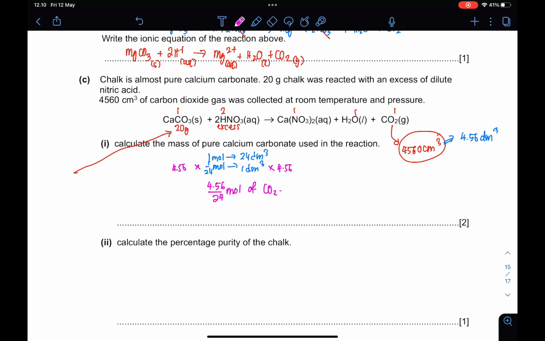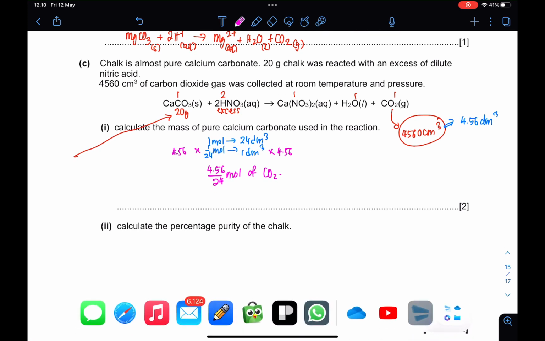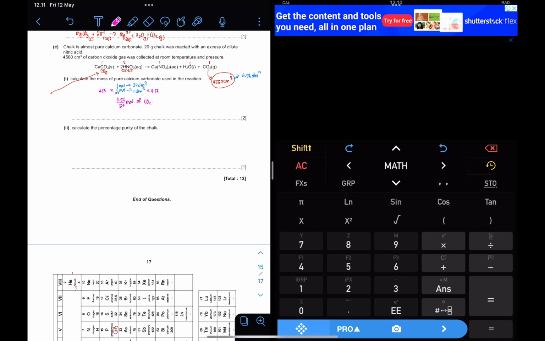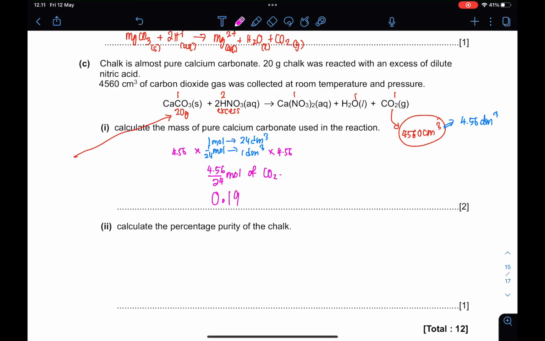So how many moles is going to be 4.56 divided by 24 moles. Do remember, still carbon dioxide. Here I will just use the calculator: 4.56 divided by 24, you will get 0.19.